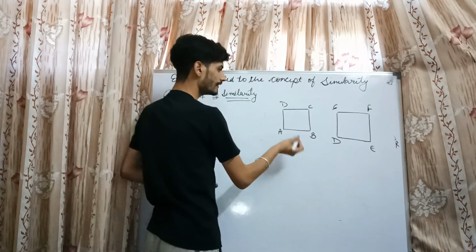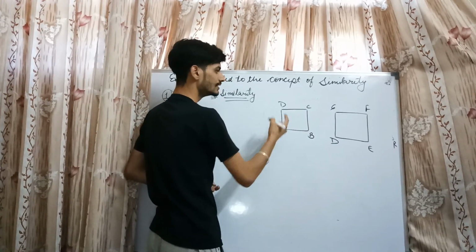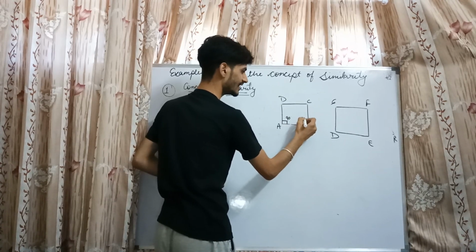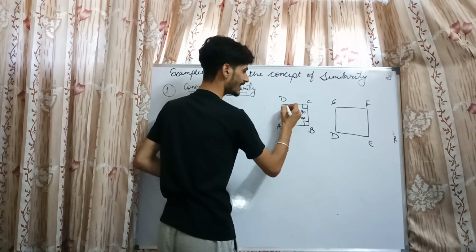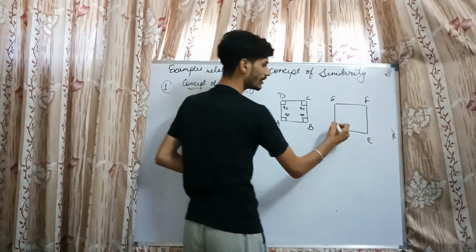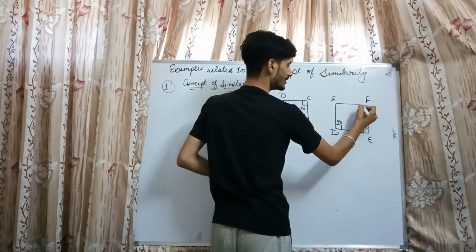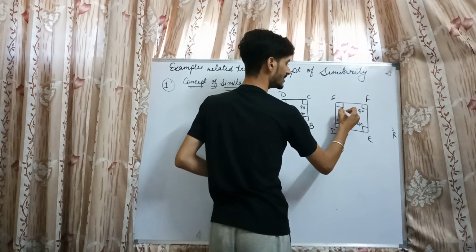In the first square ABCD, we know it consists of the angles 90 degree, 90 degree, 90 degree, and 90 degree. The other also consists of the angles 90 degree, 90 degree, 90 degree, and the last is 90 degree.